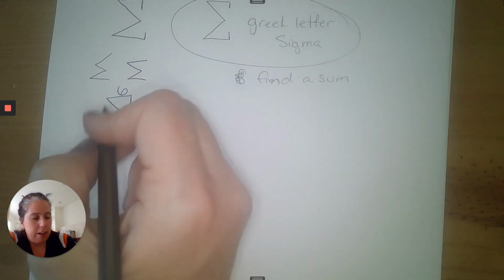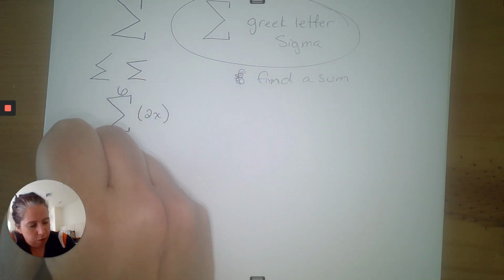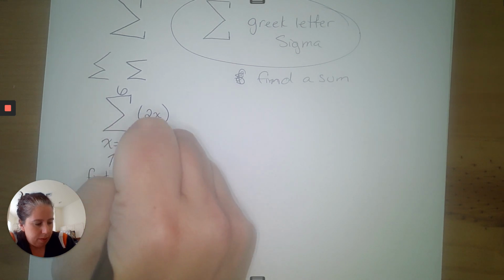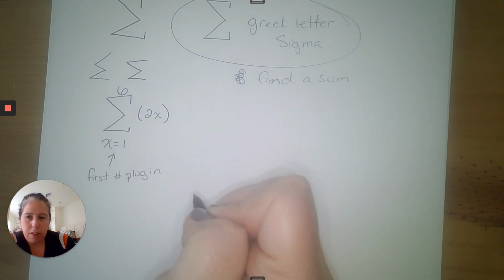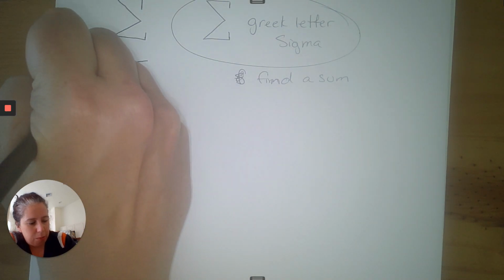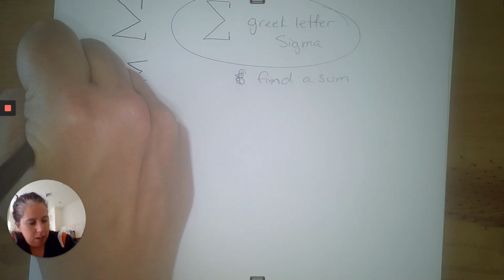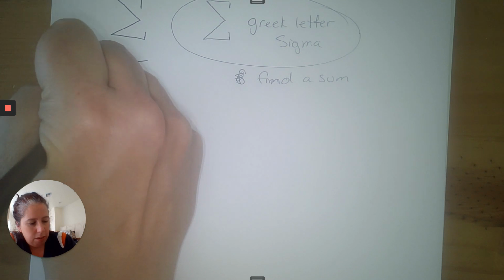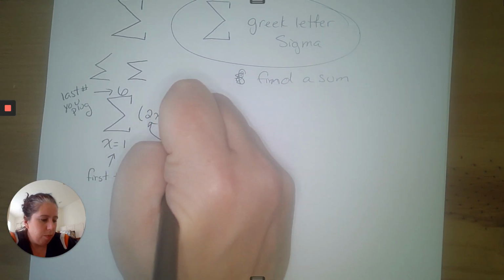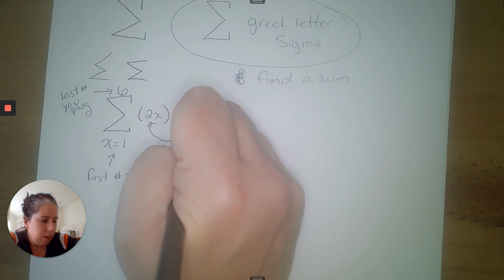This is the first number you plug in. This number up here is the last number you plug in. Now, you're probably like, where the heck am I plugging stuff in? Right here. This is where you plug in.